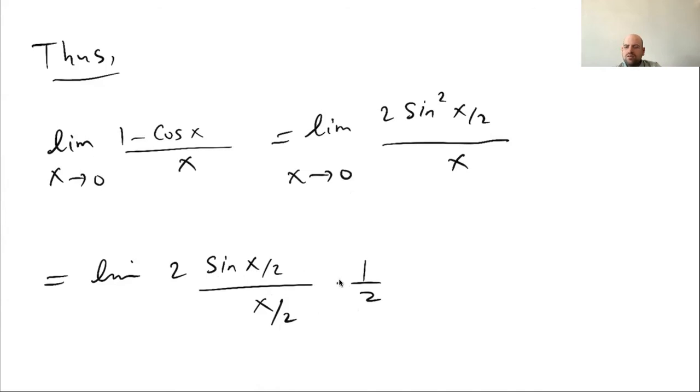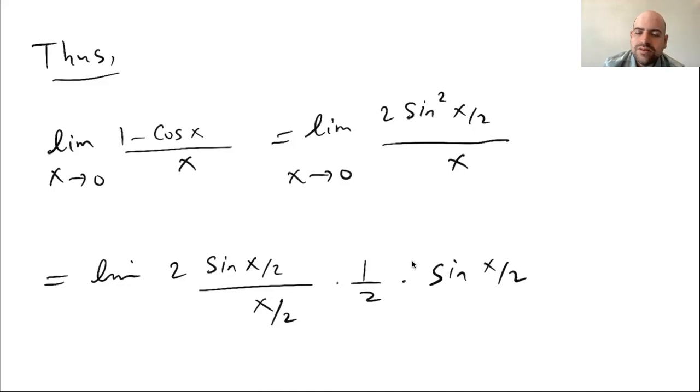So if I want to make this unchanged, I have to also multiply with 1 over 2, so that the 1 over 2 cancels with this multiplication with 2. This 2 is from before, so it remains intact, but this one is multiplied by 2 times 1 over 2, they cancel. And then I still have another factor of sine x over 2, because this was sine squared x over 2, and I used one factor here and one factor here.